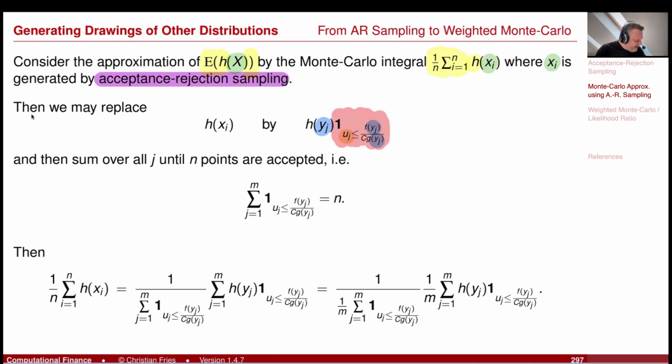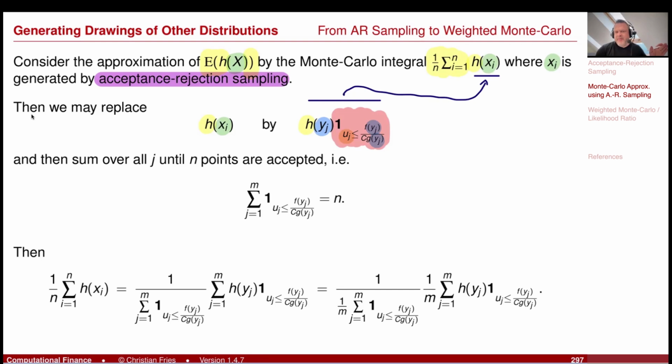So instead of saying that I apply h to the sequence xi, I could also just say I apply h to the sequence yj, but certain yj's are wiped out in the sum. So this is just the part that now goes here in this sum.